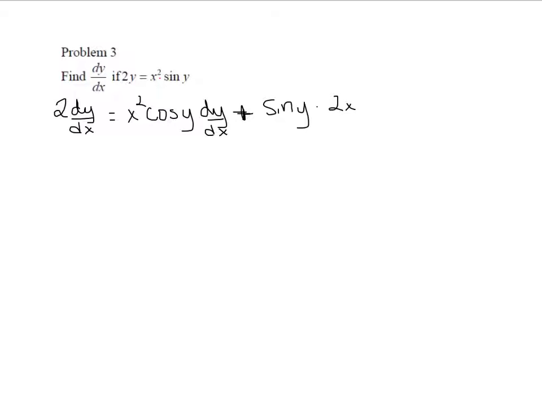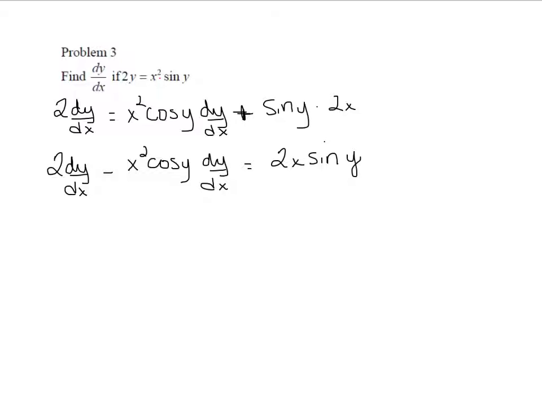Now again, our job is to find dy dx, so we want to collect our dy dx terms onto the left side. So 2 dy dx minus x squared cosine of y dy dx equals, I'm going to clean that up, 2x sine of y.